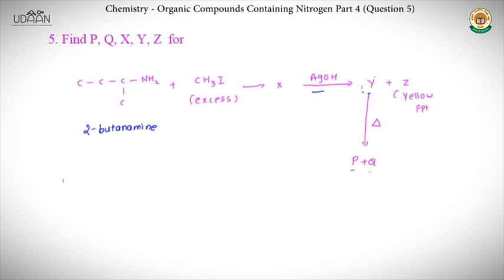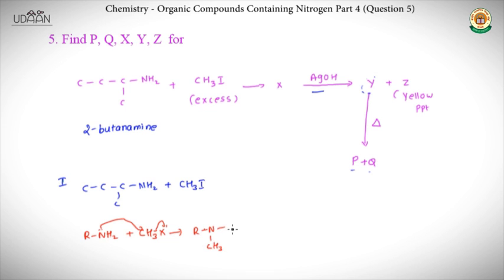First let us try attempting the first part, where you have CCCCNH2 with excess methyl iodide. Now if you remember from the theory, whenever you have a primary amine, say RNH2, and you treat it with CH3X, you are going to get substitution, giving R and CH3, H. If you treat it with one more CH3X, you are going to get R and CH3, CH3.